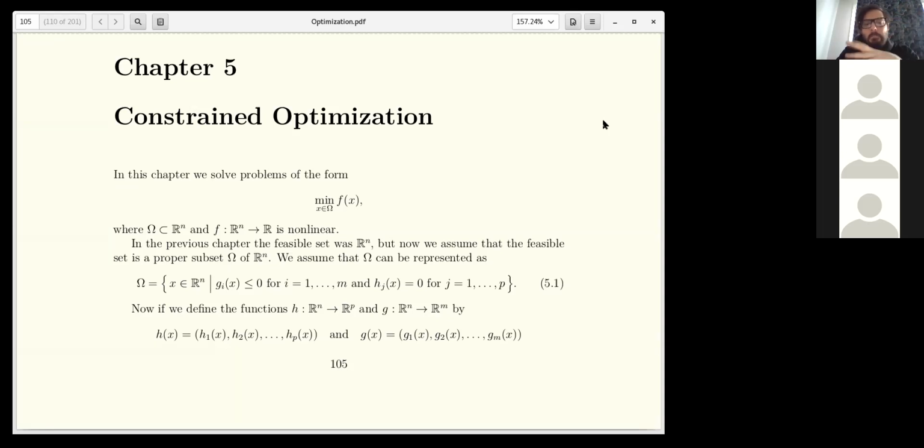And then we have p functions, h_j of x is equal to 0. All of these constraints need to be satisfied for a point to be feasible. We'll look at some examples where there are usually two or three functions involved.